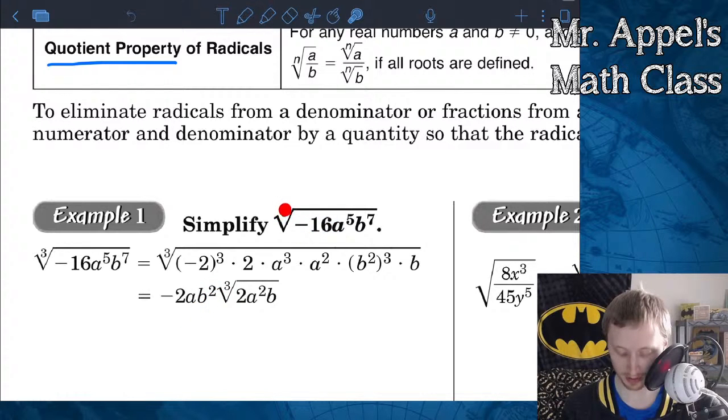And when you do so, it drops the 3 and 1 goes in front. You leave 2 inside. And b, I can take 3 of them out. And then I'm left with b to the 4th. I can take 3 out again, so I do that twice. Or you can think of it as b squared cubed. So the b squared gets to come out front. And you leave the extra b inside there.